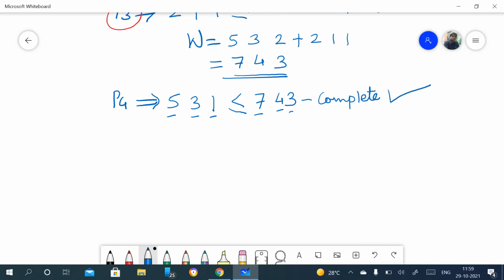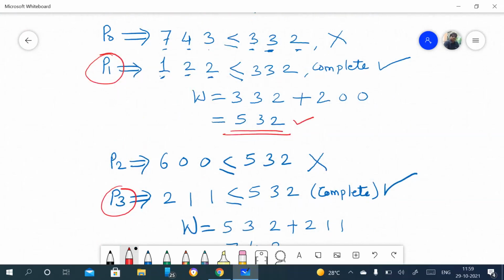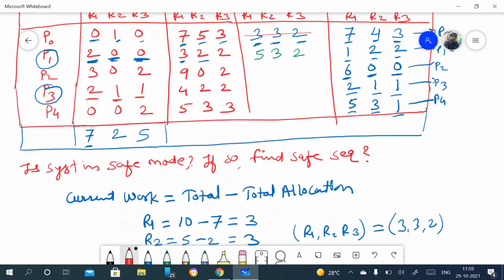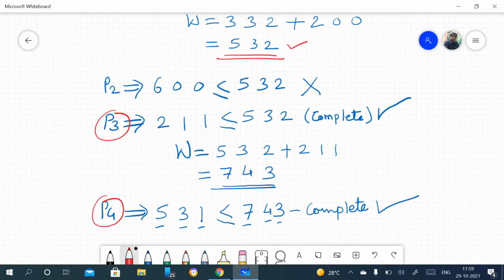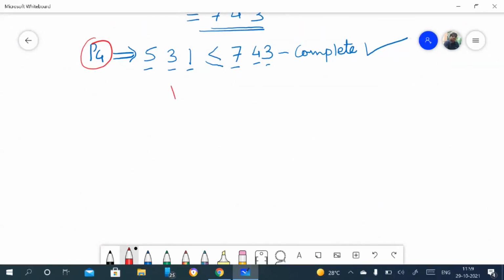So again, whatever resources are held by this P4 will be released, and the resources it holds are 0, 0, 2. So these resources will be released. Here we can say, W is 7, 4, 3 plus 0, 0, 2, and this is 7, 4, 5.